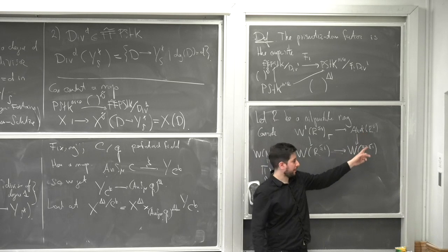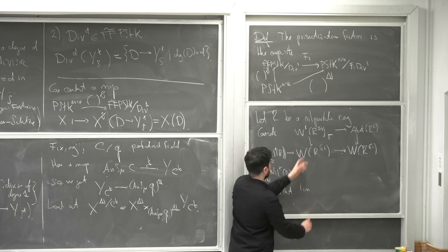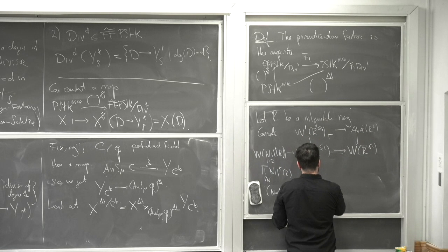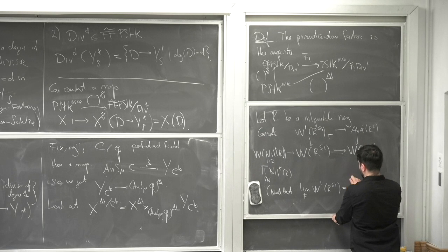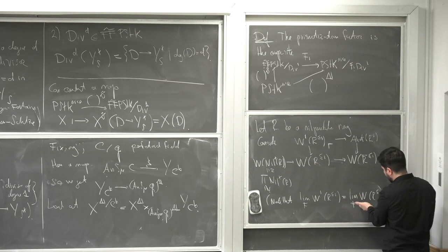this map is also obtained by just taking the limit by Frobenius of this one. So the only difference of this construction is that you take the limit by Frobenius of this one.